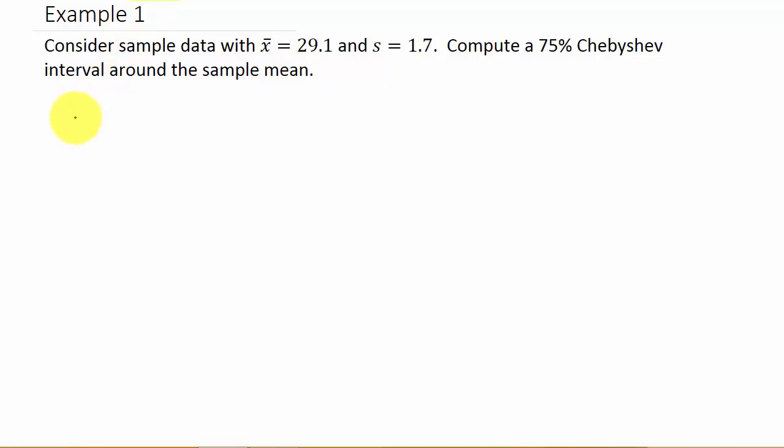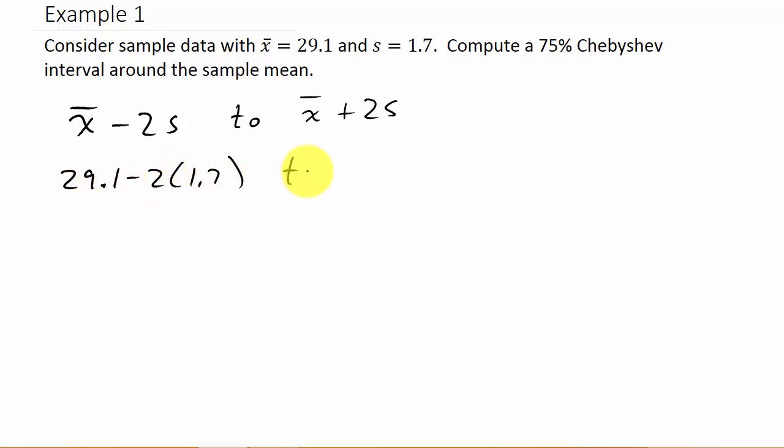Remember, mu is the population mean, x bar is the sample mean, sigma is the population standard deviation, and s is the sample standard deviation. So we have x bar minus 2s to x bar plus 2s. We just plug these in: 29.1 minus 2 times 1.75 to 29.1 plus 2 times 1.75. Then we'll have to punch this into our calculator.